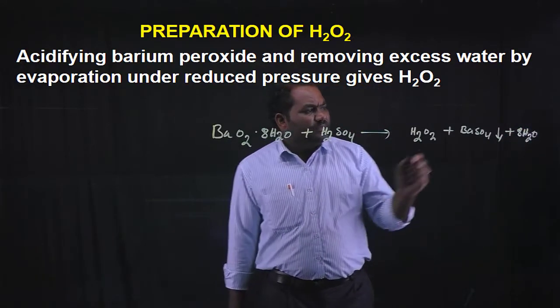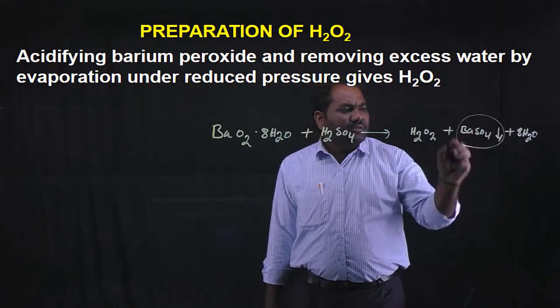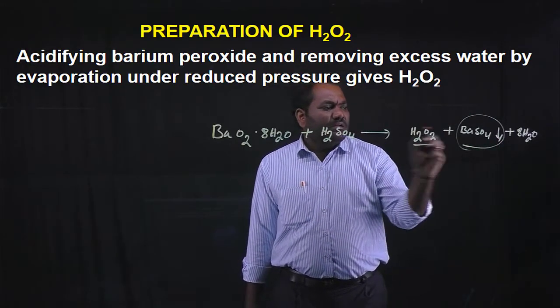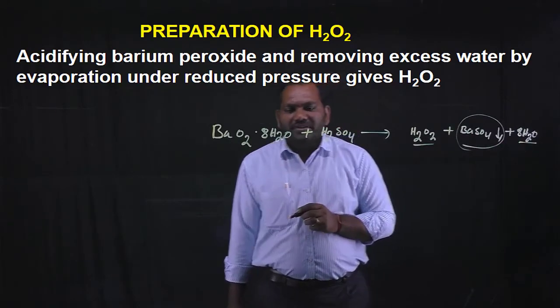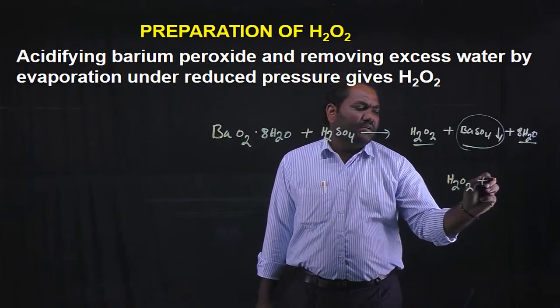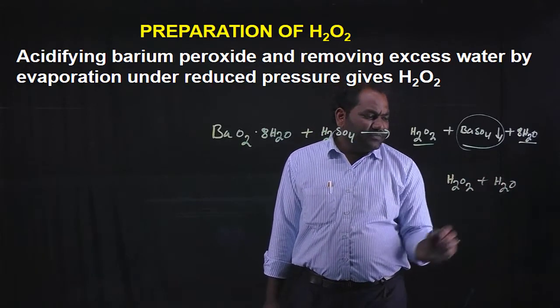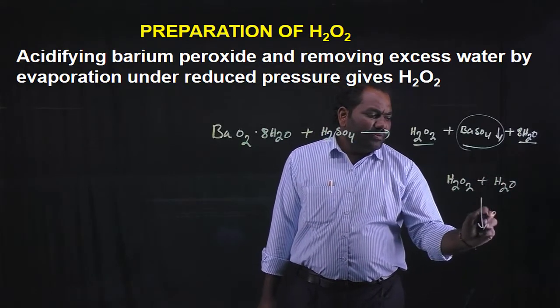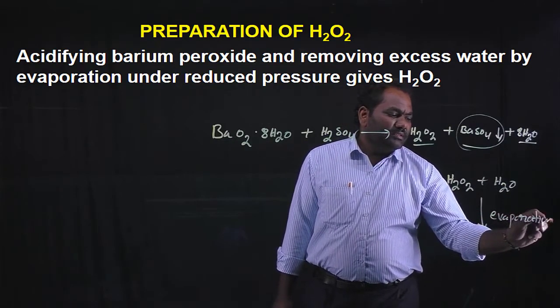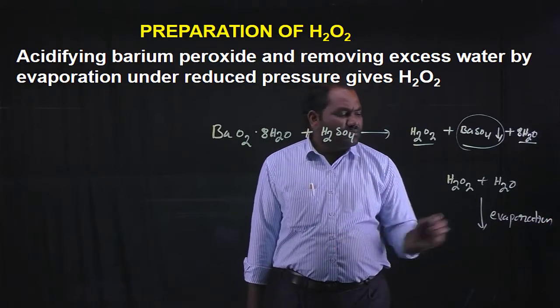Okay, this precipitate can be filtered. We can separate it by filtration and finally we get the mixture of H2O2 and H2O. The excess water can be removed by simple evaporation or simple heating.